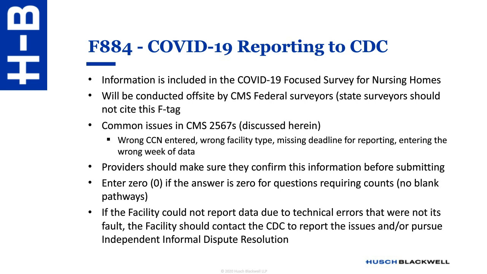So in order to prevent these types of technical issues that can result in some fines, you should make sure your CCN number is correct, double check your facility type is correct, and that the data is being submitted on time and for the correct week. And importantly, enter 0 if the answer is 0 for questions. Blank data will be considered missing data, so remember to complete all pathways.